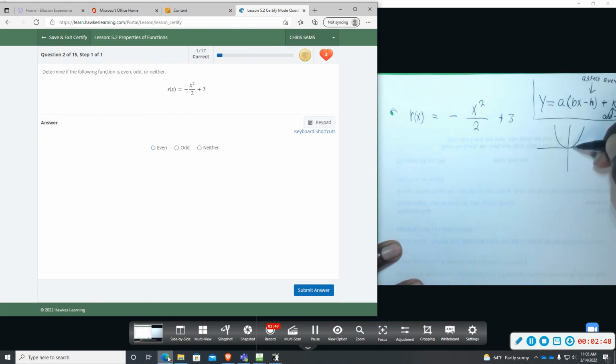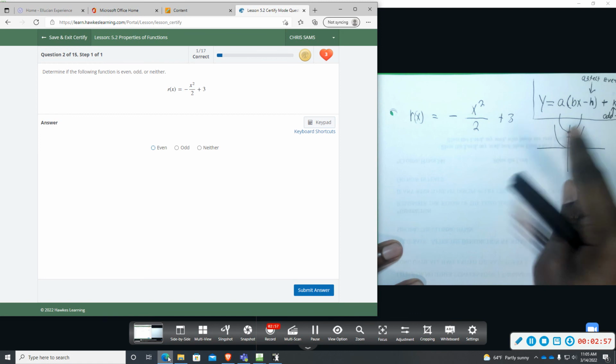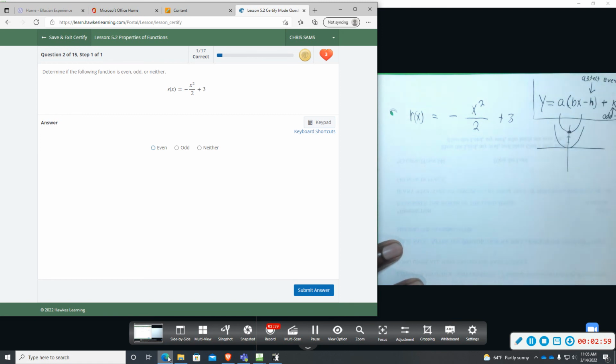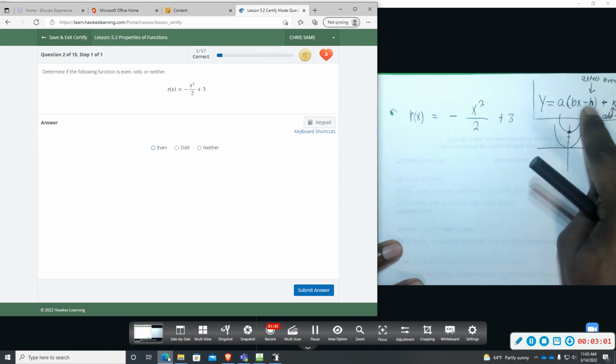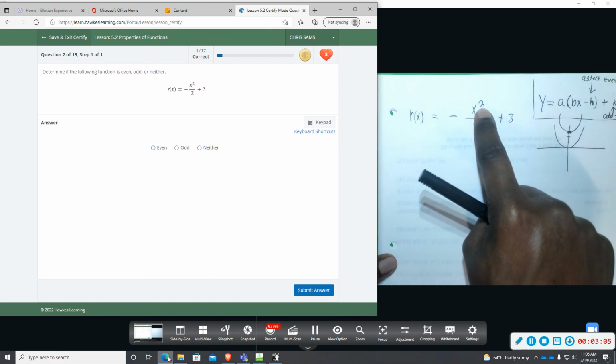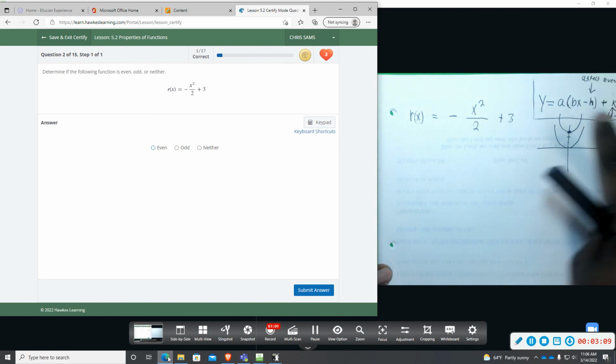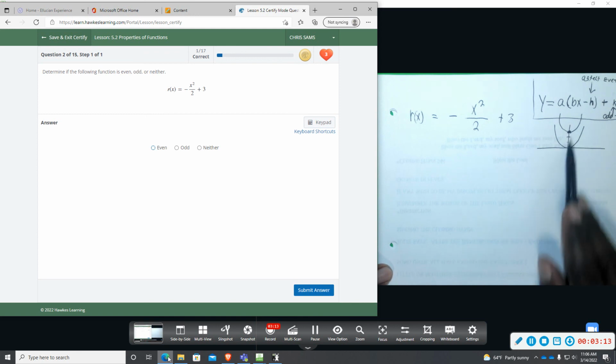This guy will just shift it up 3. 1, 2, 3. So before, this graph was symmetric across the y-axis, and then it is still symmetric. All we did was move it up or down. The moving left or right, which is what this does, will affect even graphs. I know it's even because of this, and it will still be even because this 3 doesn't affect the symmetry about the y-axis.